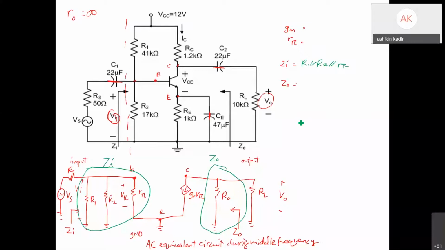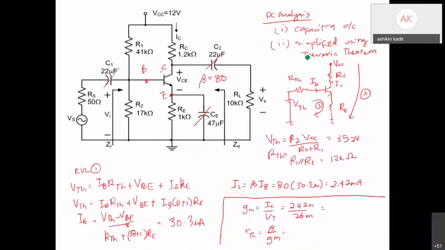So Z out equals to RC. Okay, GM and R pi just now, how much is it?